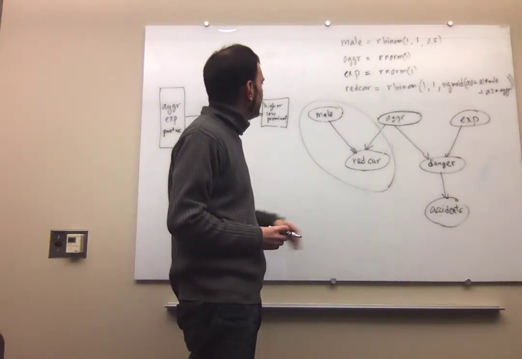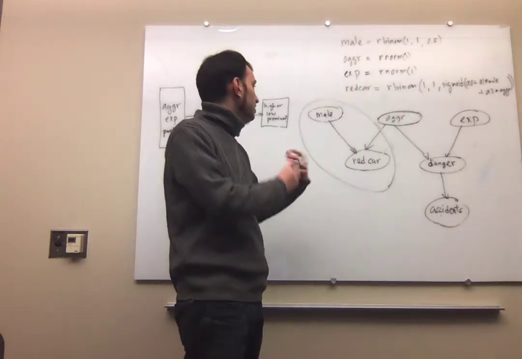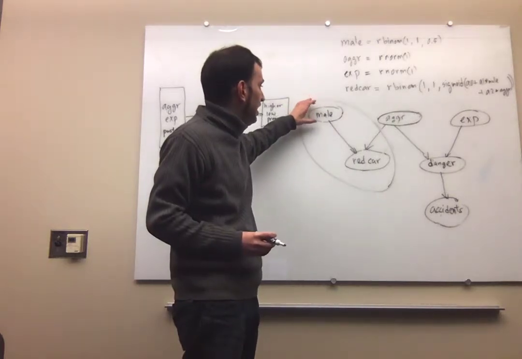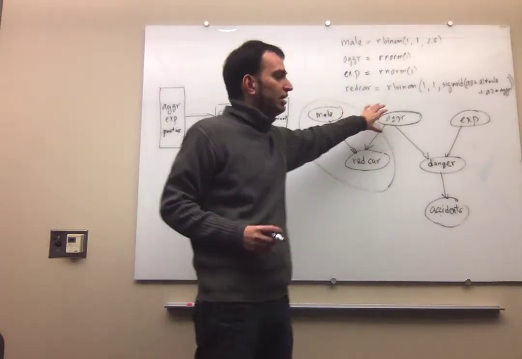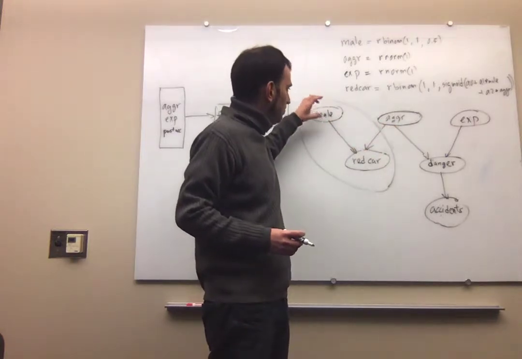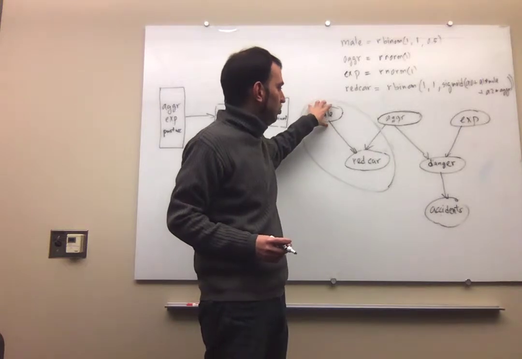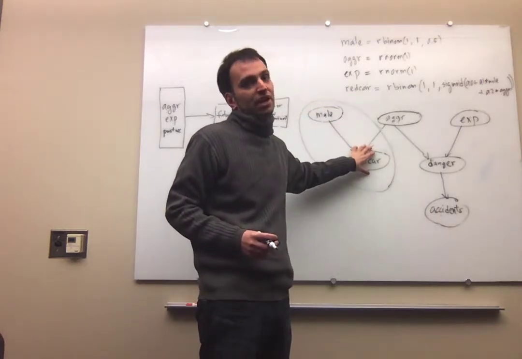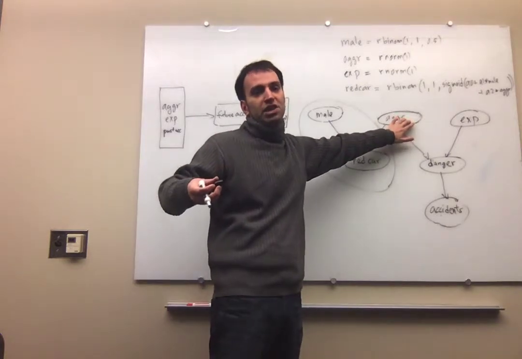When estimating the aggression, which you get from the training set, you say, okay, if you have a red car and male is equal to 1, then your estimate for aggression is not going to be as high as if male is 0 but red car is 1. Why? Because male equals 0 does not explain the red car, so you say, on average aggression is going to be higher.